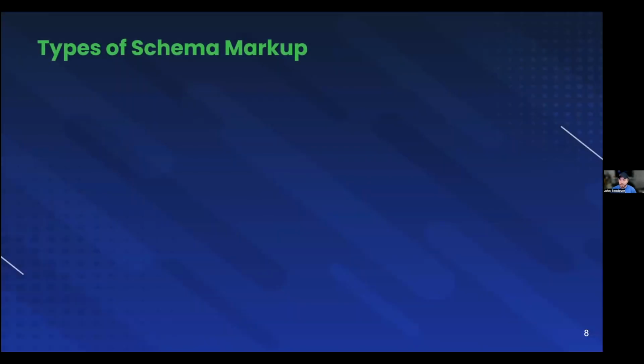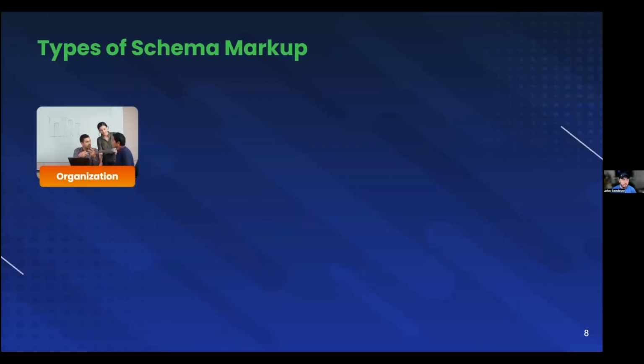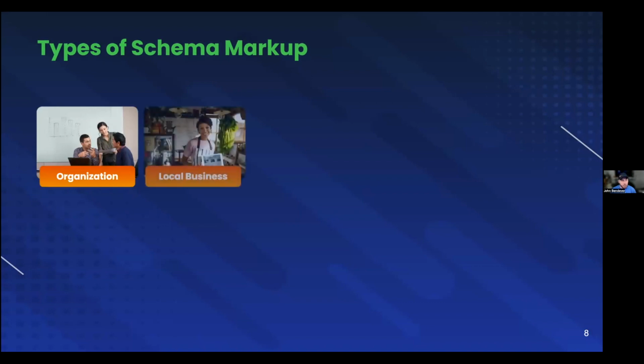Types of Schema markup. There are a lot, so I'm going to click through them and go through them pretty quickly. Organization is a little different than local business. It basically just says you're some sort of really high-level organization. Could be a nonprofit, could be a government entity, something like that. Local business is a step down from there, where you can actually signify with dozens of different categories.